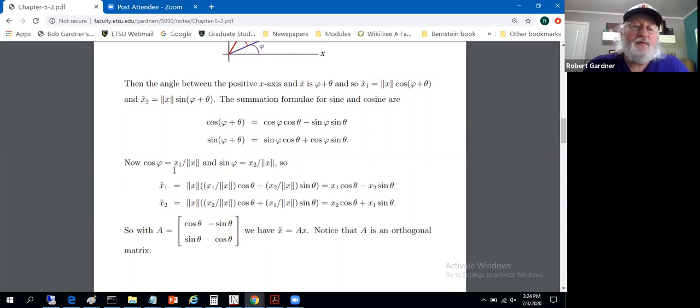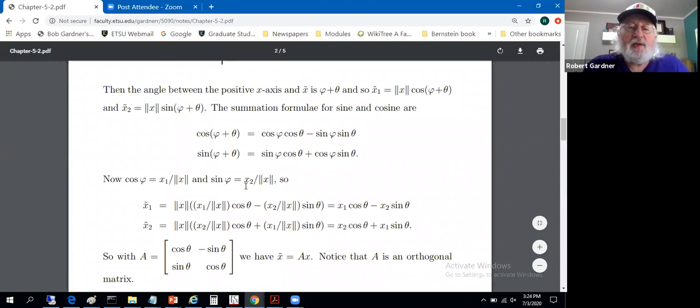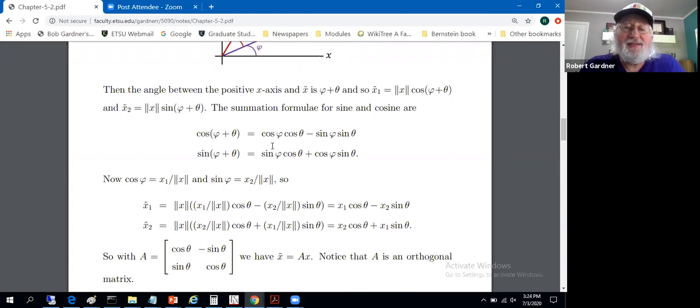Rearranging, we get the cosine of phi as x1 over the norm of vector x. Sine of phi is x2 over the norm of vector x. So we can substitute in for the trig functions involving phi. So we're going to get x1 tilde is the norm of x out front, times the cosine of phi plus theta. Okay, that's all this stuff here. Cosine of phi is x1 over the norm of x, substituted in there. Cosine of theta, I'm kind of stuck with that because we don't know anything about theta.